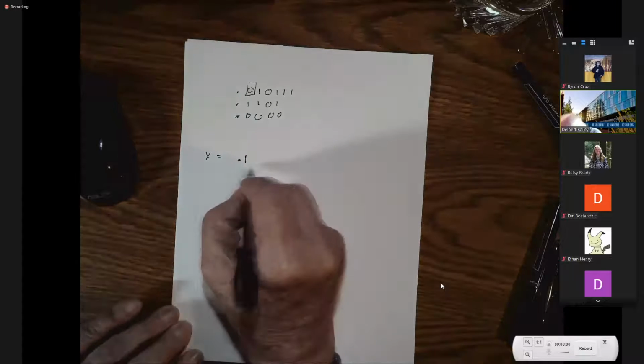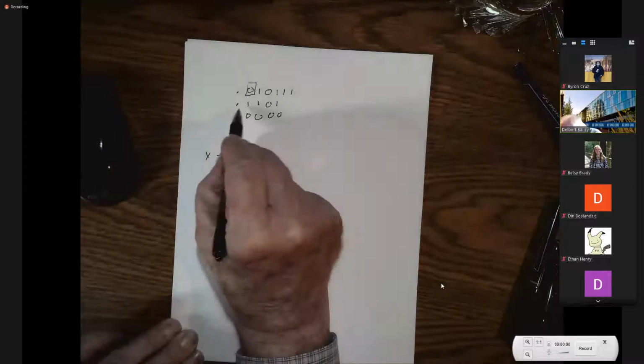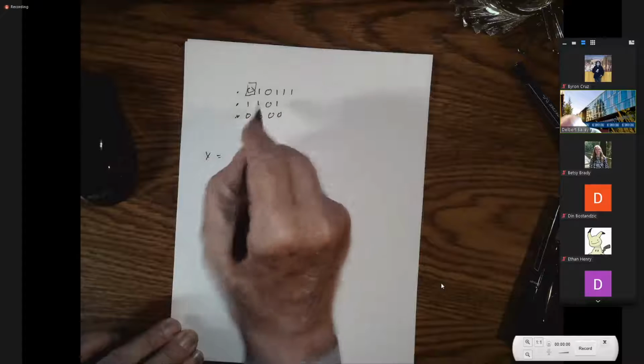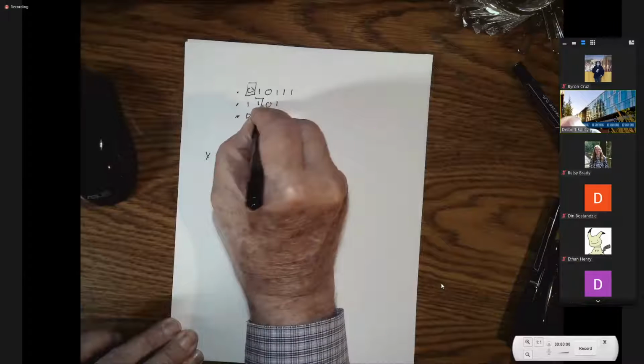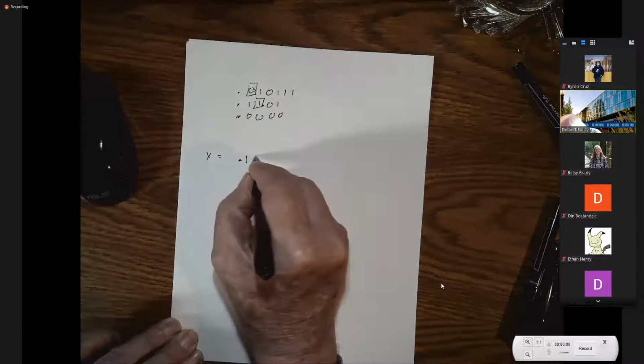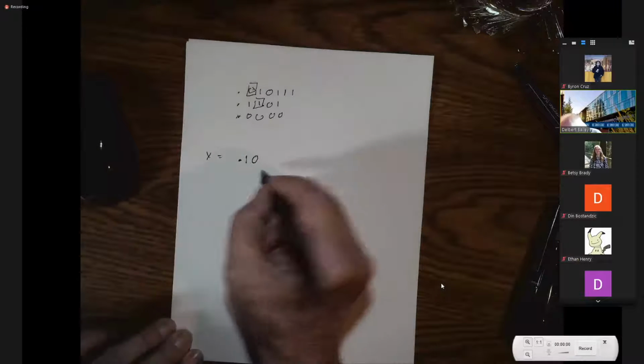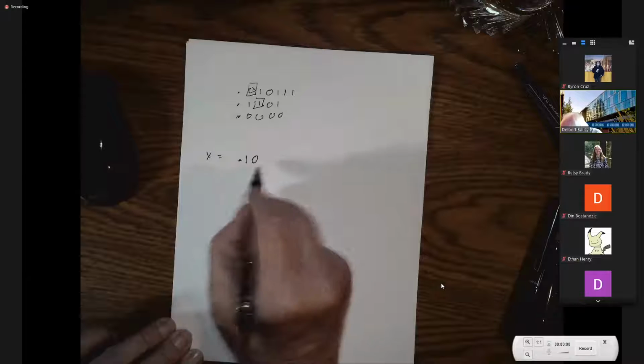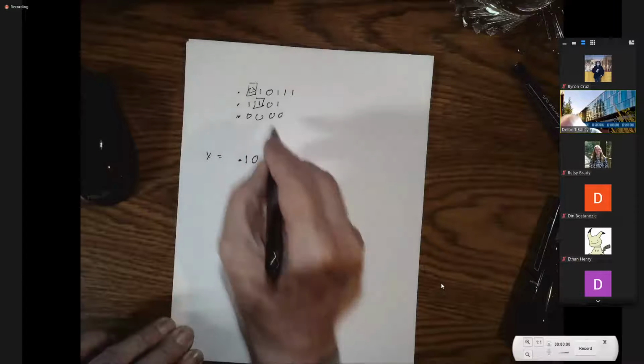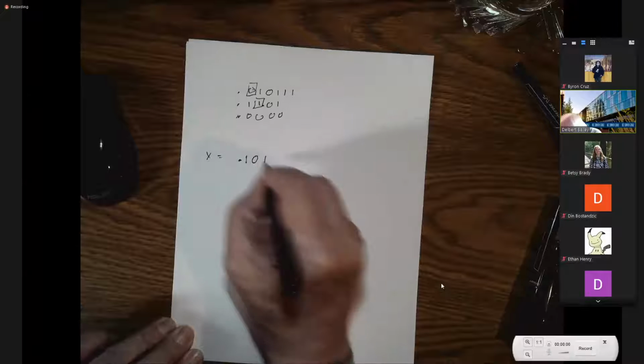And where we make it different is at the second position of the second number in the list. So that was a 1, so this will be a 0. And for the third one, we'll make it different than the third position in the third number in the list. So it'd be like that.